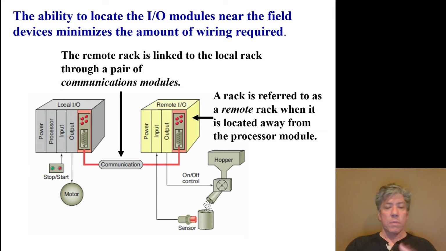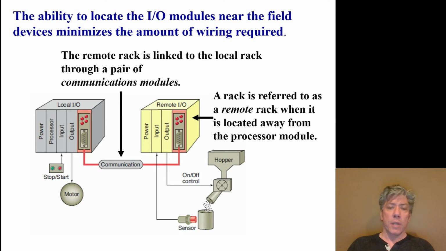And this is even a little more, how can I say it, distributed I/O is really the idea that this communication is more like a network. And so in the old days, if you will, these were proprietary, typically, maybe even RS-232 communications, and you had to have a remote I/O device that matched the PLC, and to some extent that's still true today.